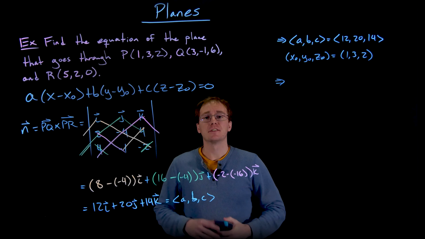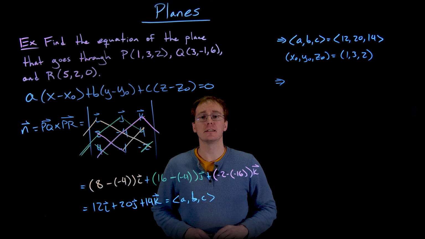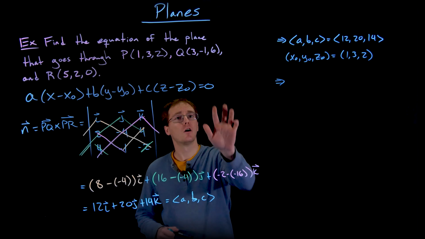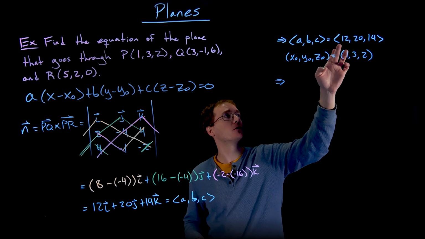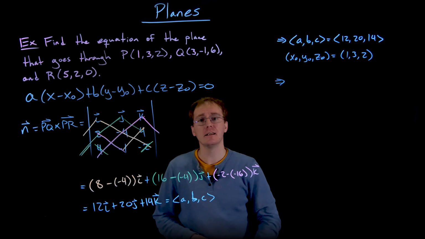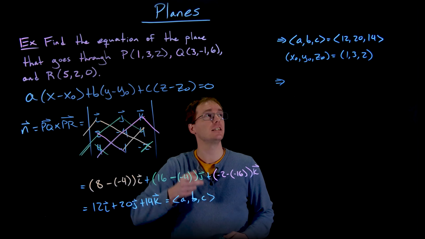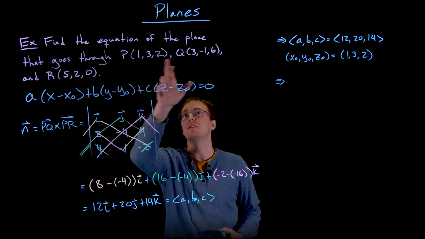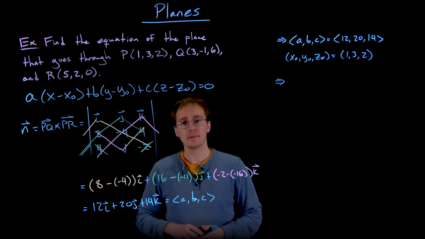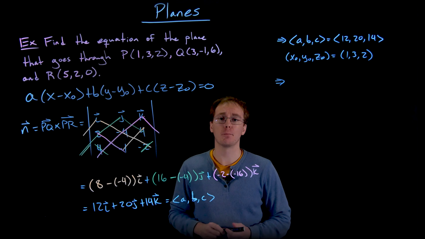All right, so now we have the set of information that we really need to construct the scalar equation of our plane. Our normal vector n has components of 12, 20, and 14. We need that to construct the scalar equation of our plane that gives us a, b, and c. And we also need to use one of the known points that our plane goes through. And it actually doesn't matter which of these known points we use.